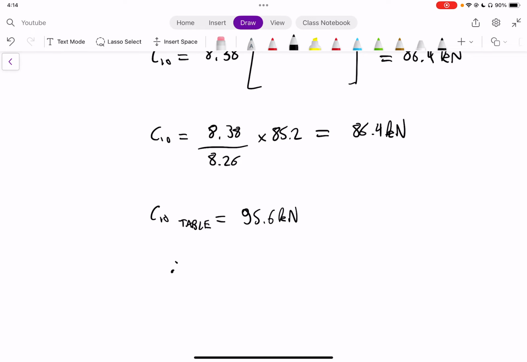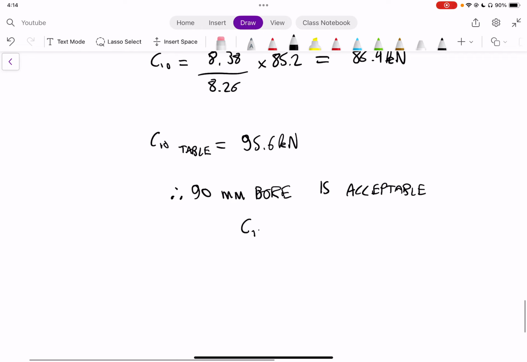So we can say at the end that therefore the 90 millimeter bore is acceptable, because our C10 table is greater than our C10 calculated. So we choose a 90 millimeter bore.